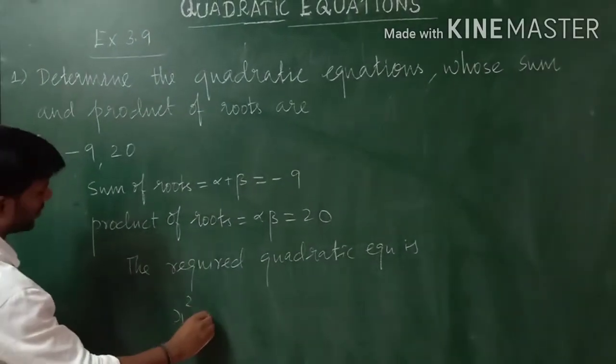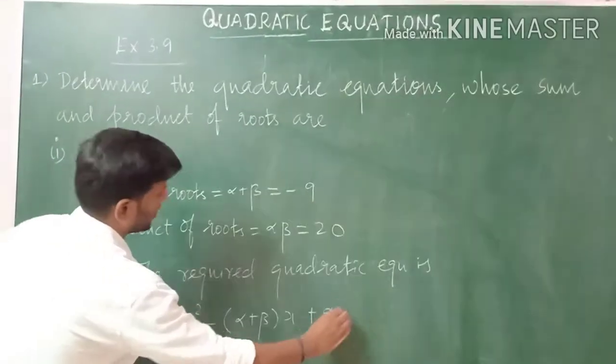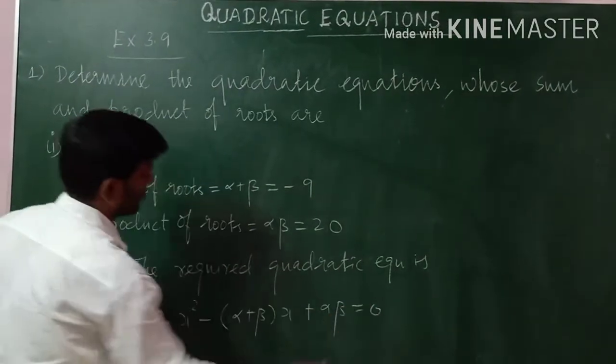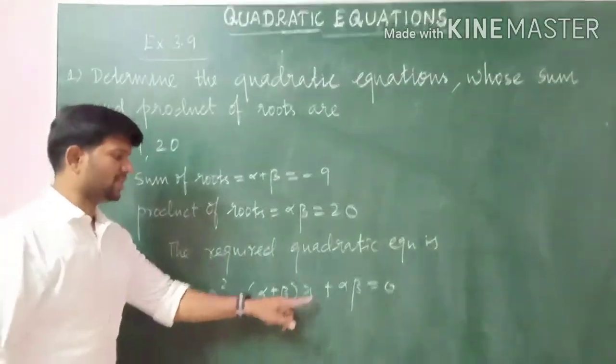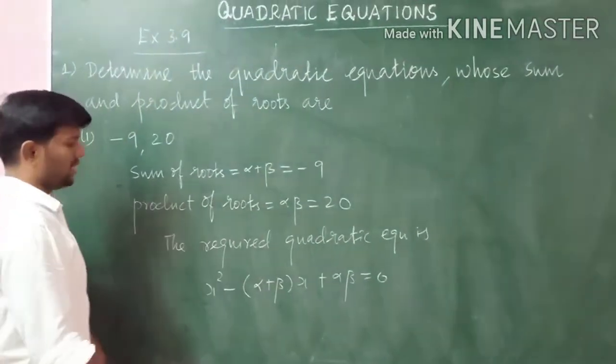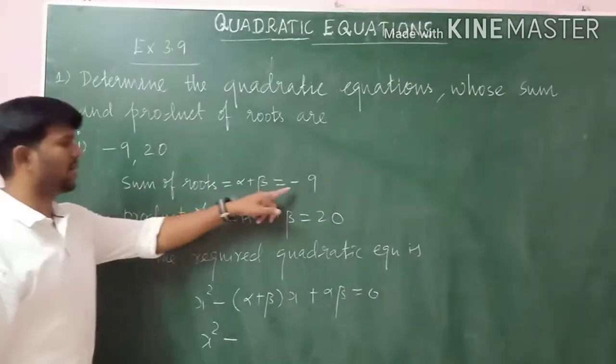x square minus (alpha plus beta) into x plus alpha beta equal to 0. That is, x square minus sum of roots into x plus product of roots equal to 0. So x square minus sum of roots, what? Minus 9.